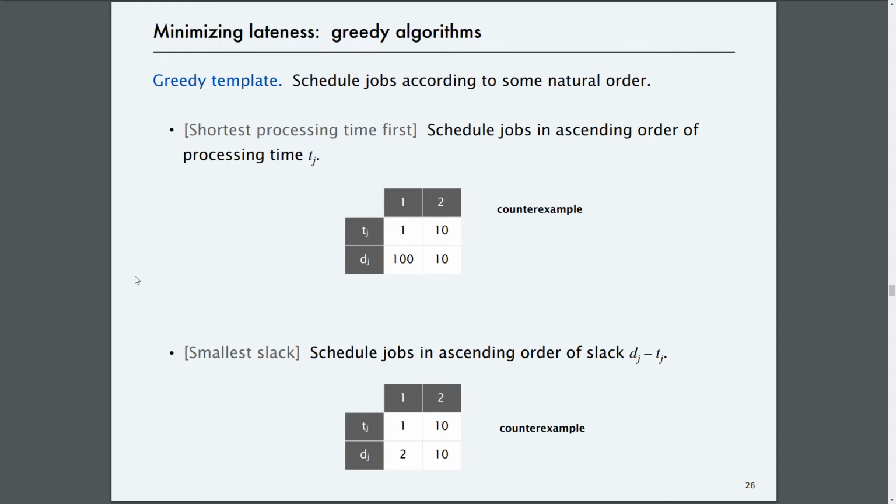Okay, so if we start with job 1 according to ascending order of processing time, then we will delay job 2, which will be 1 time unit too late. So we get an answer of 1 using this schedule. But we could just start with job 2 and then continue with job 1.